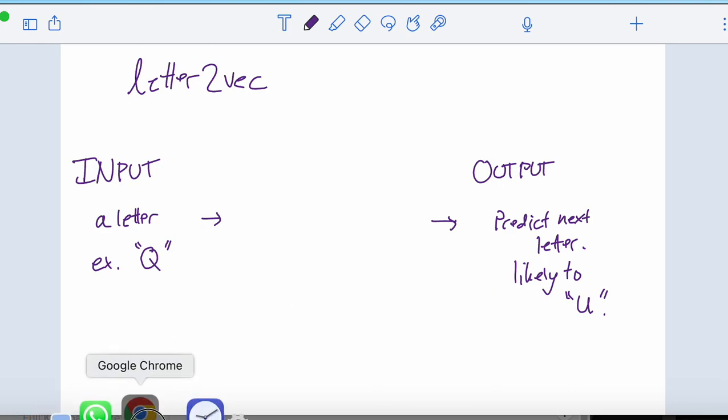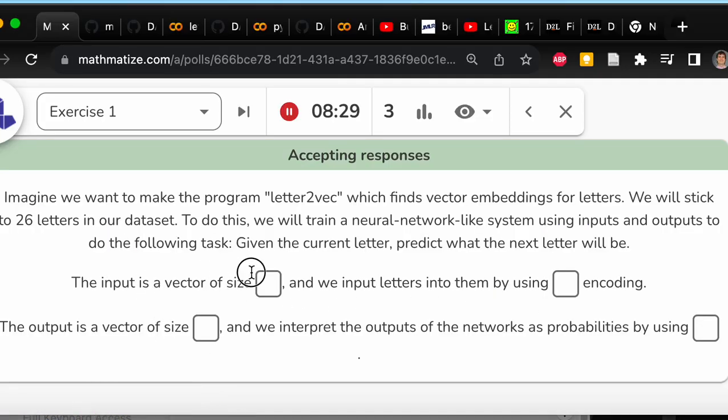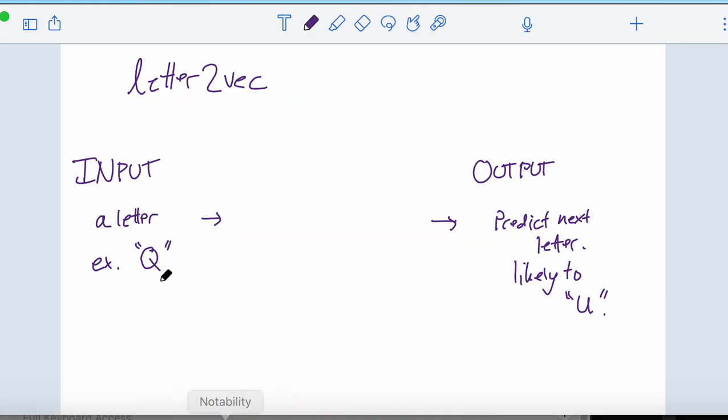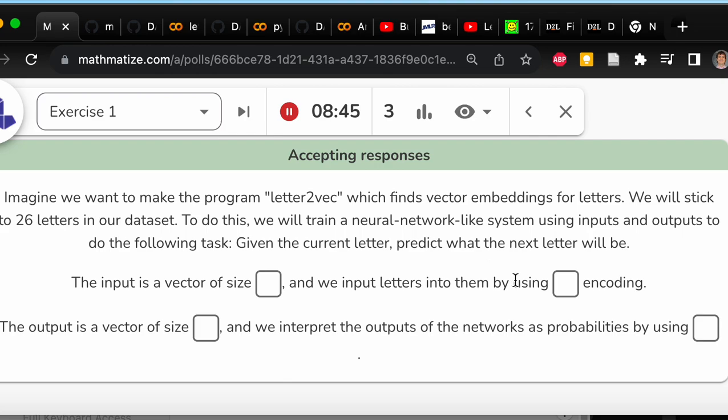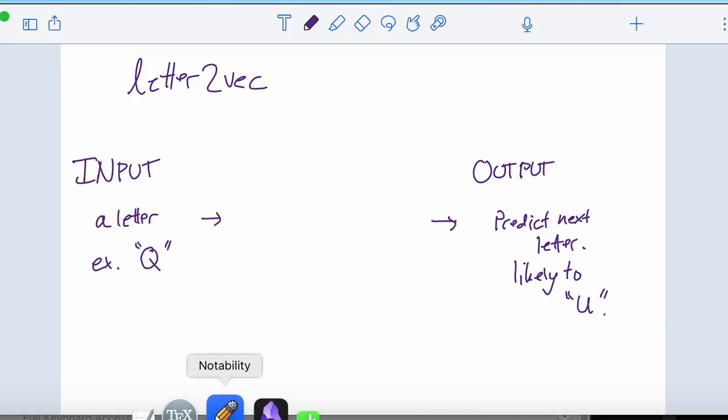In Mathematize, it says the input is a vector of size blank. We know the actual input is a letter, like the letter Q, but we're going to represent it as some vector and input it into here. It says using blank encoding, so we're going to somehow encode the letter Q using blank encoding and get a vector of size blank.